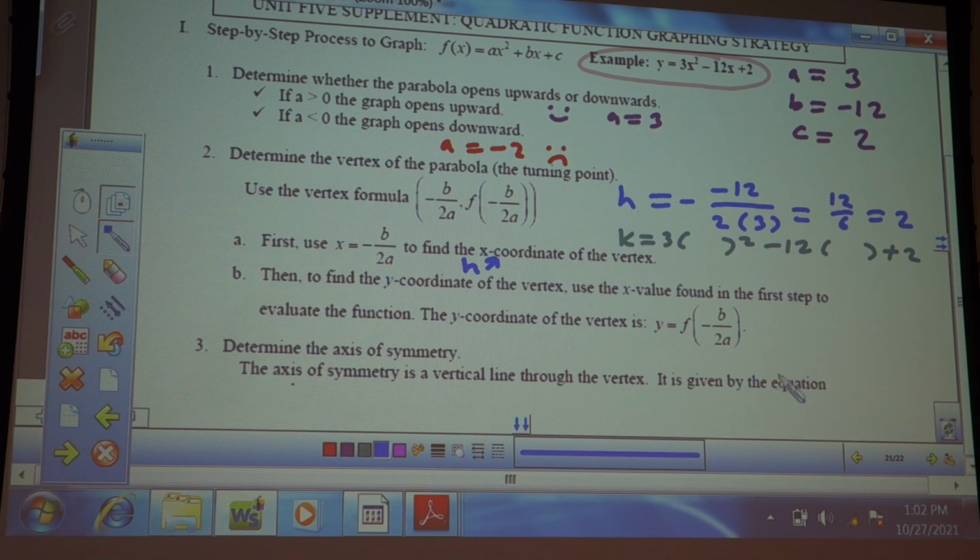What goes inside of there? What's my H? H is 2. My X is 2.